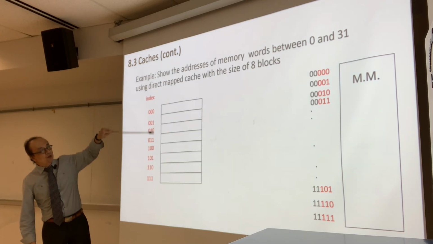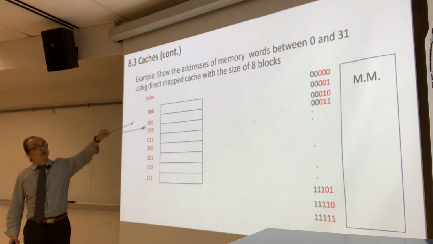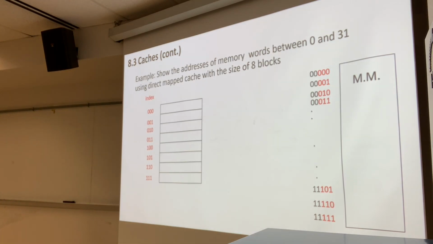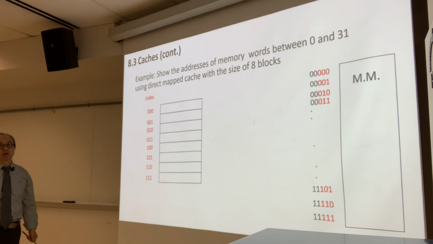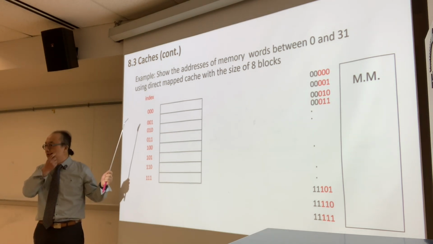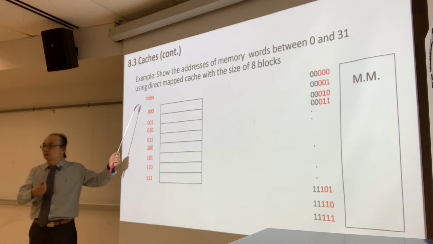And this cache address, we also call it an index or set, S-E-T. Our textbook uses set, and in some other textbooks we typically use index, so I'm going to use index.